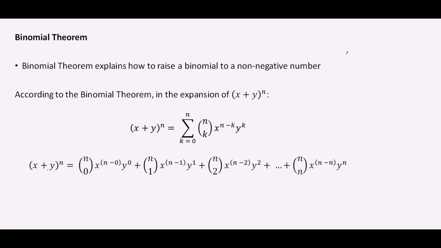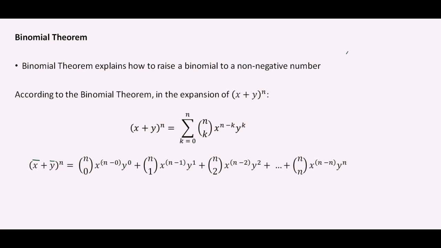You notice here, if you have x plus y to the power of n, you start with n combination 0 until you get to n combination n, and for the x value, or the value on the left hand side of the binomial, you always raise it to the highest exponent, and your value on the right of the binomial, you always start with the 0 exponent.